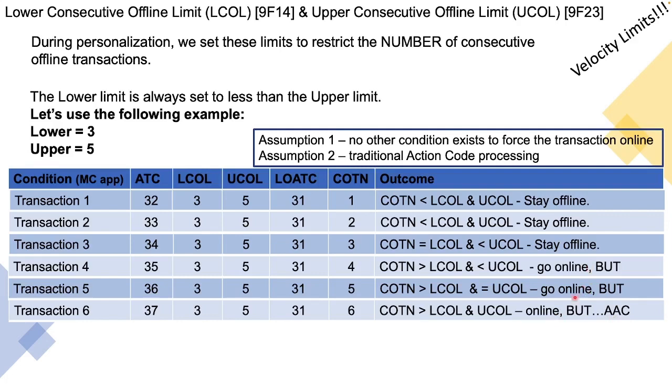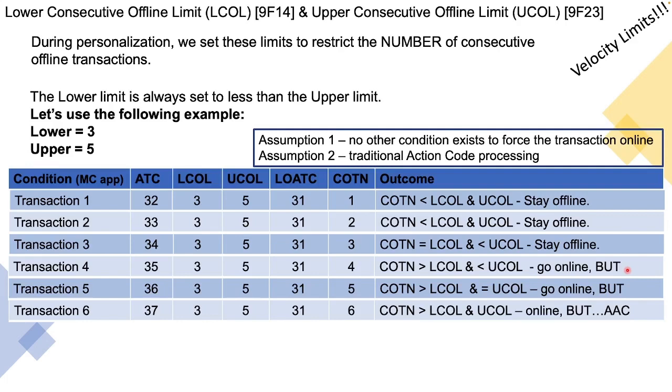So see the difference. We were fine all along, even though we were exceeding the lower limit. When we were below the lower limit, we could approve offline. We exceeded the lower limit, but didn't exceed the upper limit. So we needed to go online, but because we couldn't, because of circumstances, it's cool.